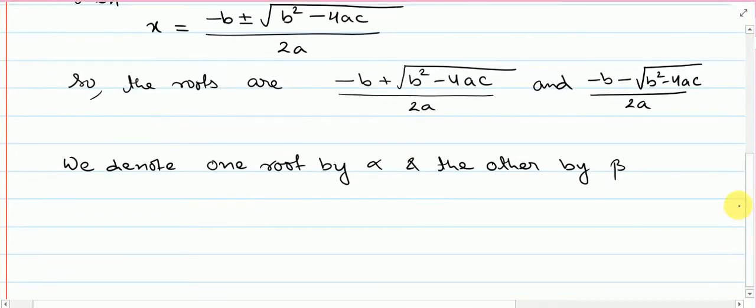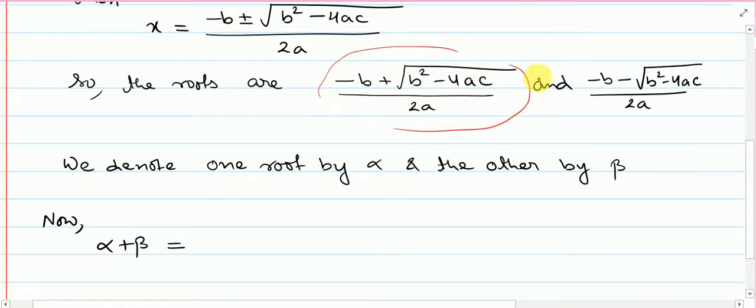So now alpha plus beta. Okay, so alpha plus beta, that means we have to take the sum of these two roots. Okay, so let's say this is my alpha and this is my beta.